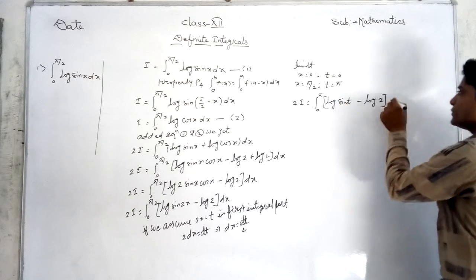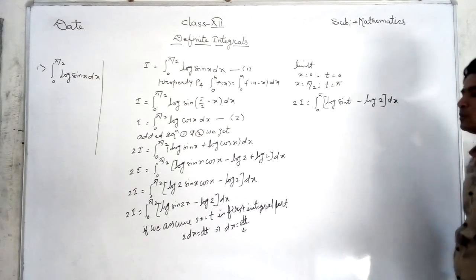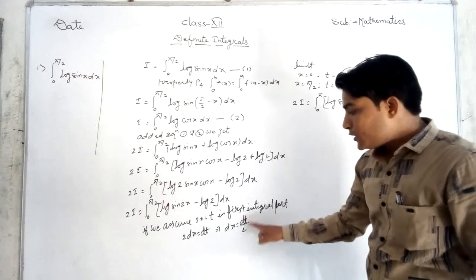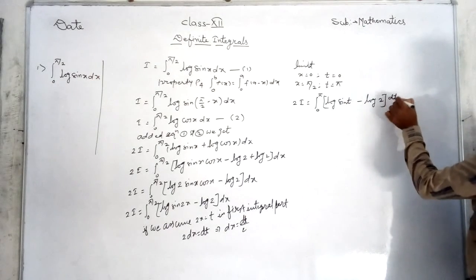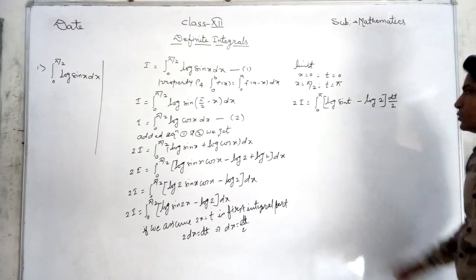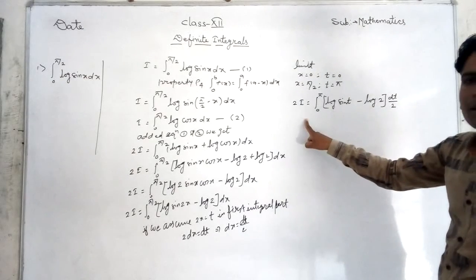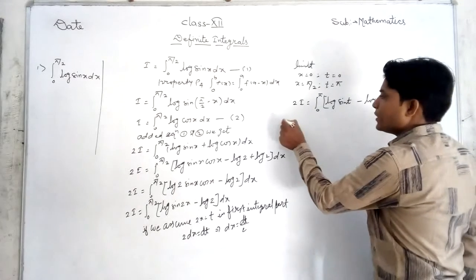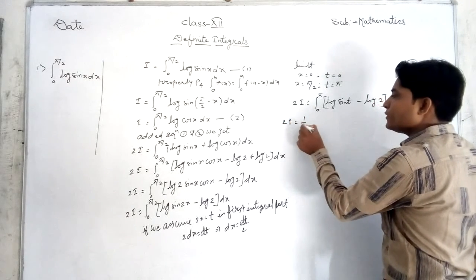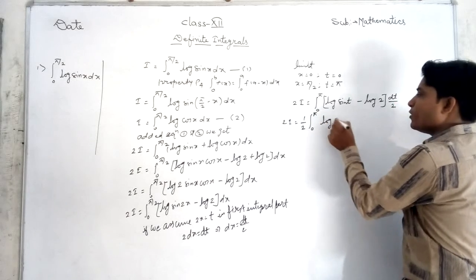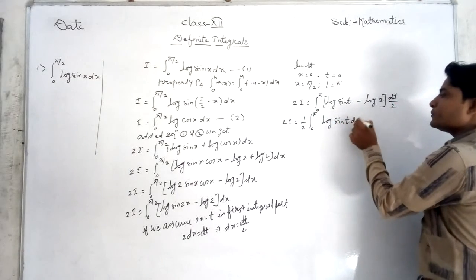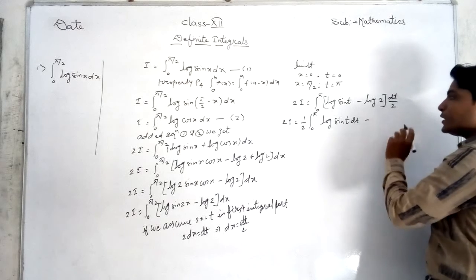So 2I equals 1 by 2 times the integral from 0 to pi of log sin t dt, minus the integral of log 2 dt.